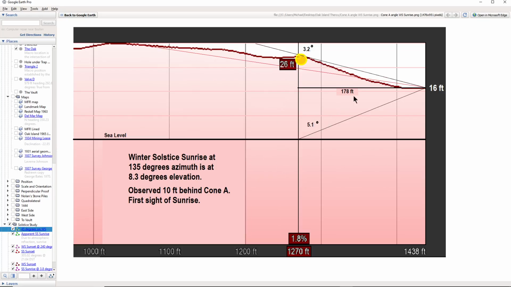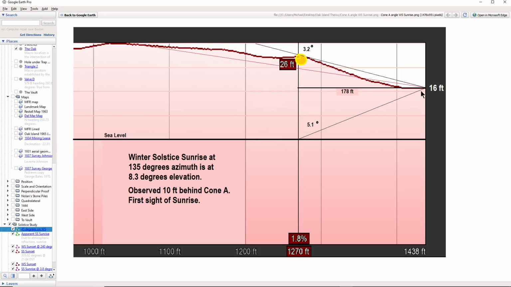So if we stand at 178 feet, which is 10 feet behind cone A, and we do the math again, we get 5.1 to 16 feet and 3.2 to the top of 26 feet, which gives us an angle of elevation of 8.3 degrees.